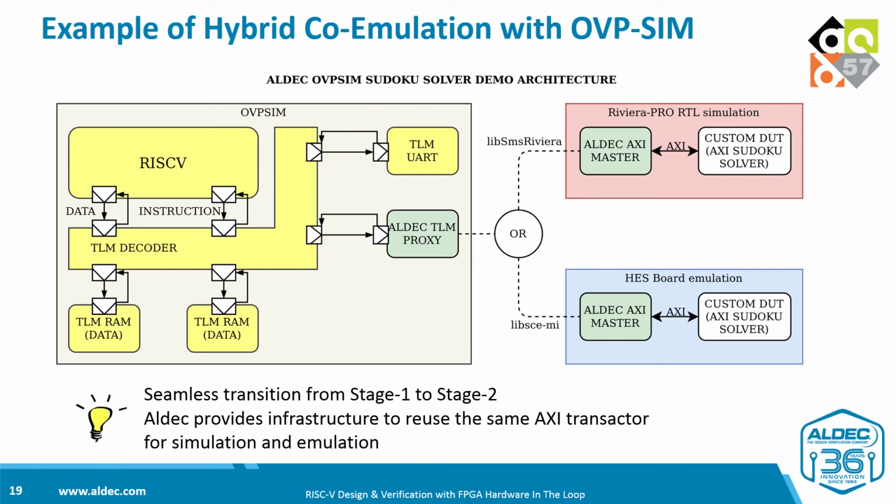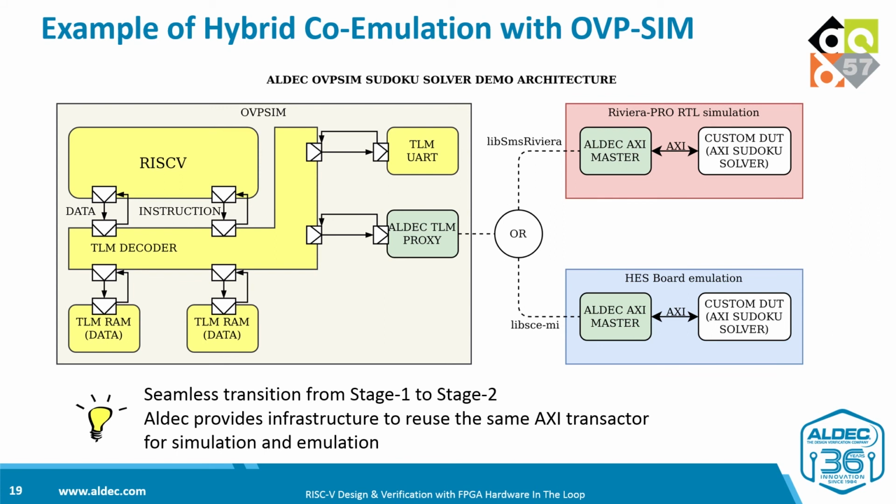The OVP-SIM virtual platform contains RISC-V ISA model, RAM memory models, and also UART model. All these components are interconnected through TLM ports, and TLM decoder component is modeling the system bus. Using the same TLM interface, Aldec AXI transactor proxy is hooked, providing connection to hardware model of Sudoku IP.